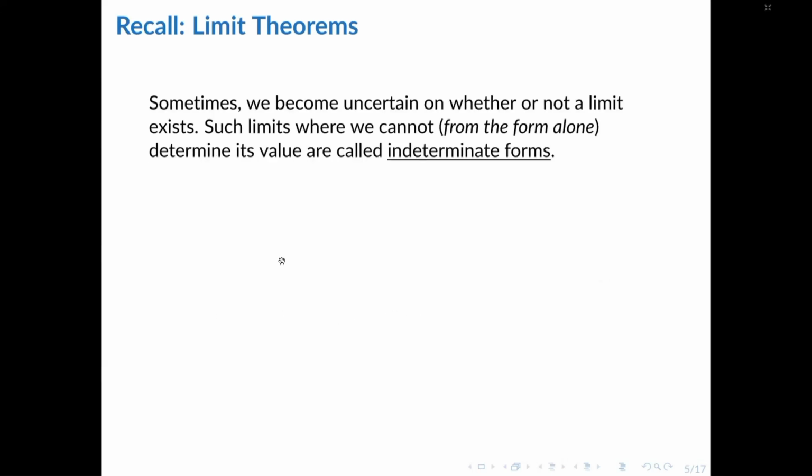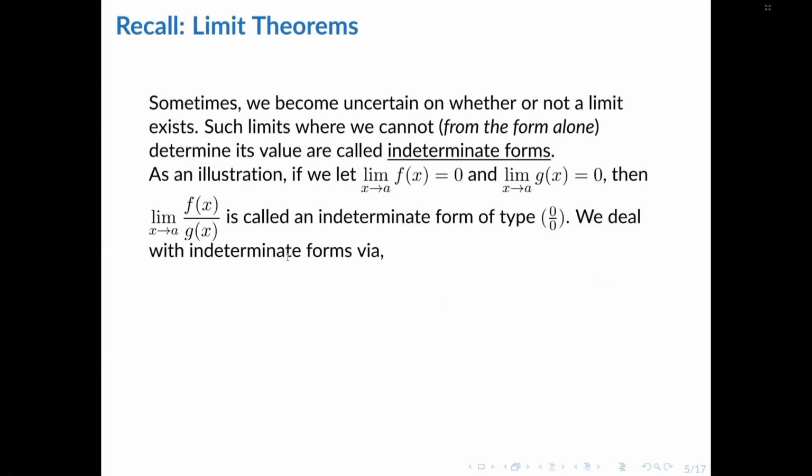So sometimes it's not possible to just directly substitute the values to the function. So such limits where we cannot determine its value are called indeterminate forms.